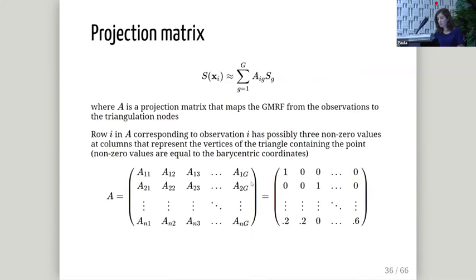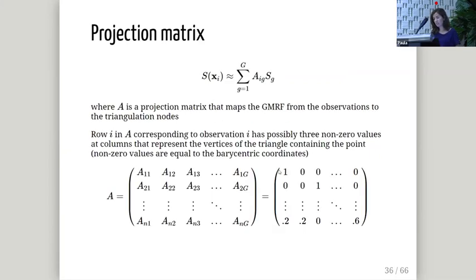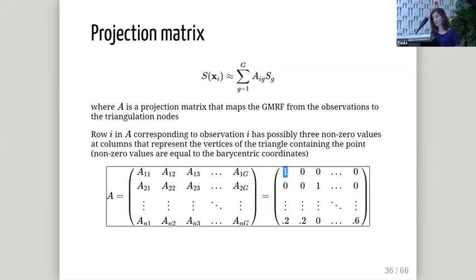And each row has possibly 3 non-zero values at columns that represent the vertices of the triangle that contains the point. For example, if we have one observation that coincides with a vertex, and the vertex is vertex 1, we will have 1 here, and the rest of entries will be 0.